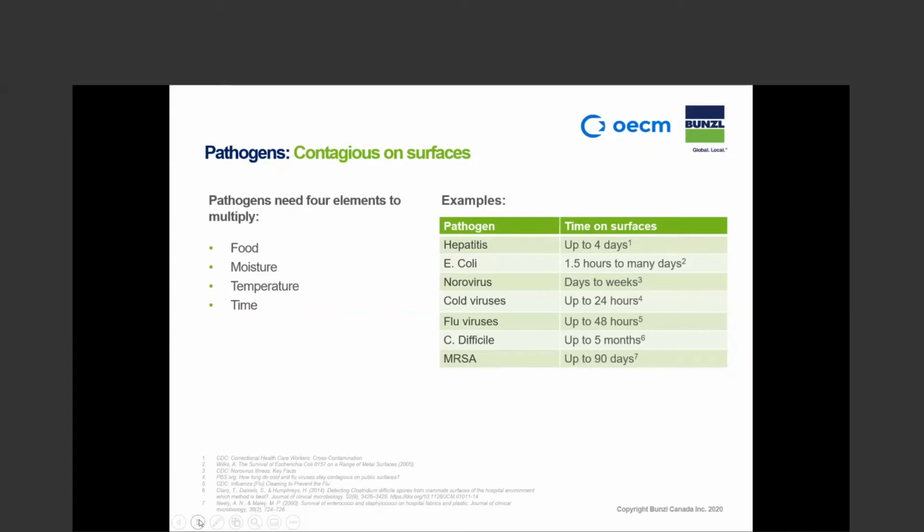But we do have some new technologies which are proving very effective on it. And then MRSA, which we see in the athletics area, professional sports, college and university sports, can live up to 90 days on a surface.